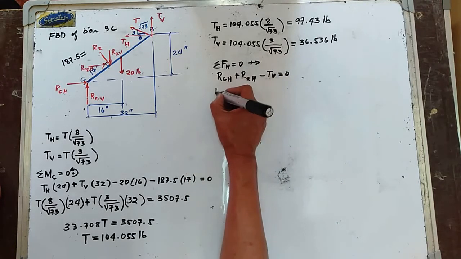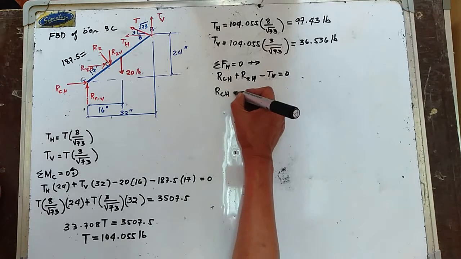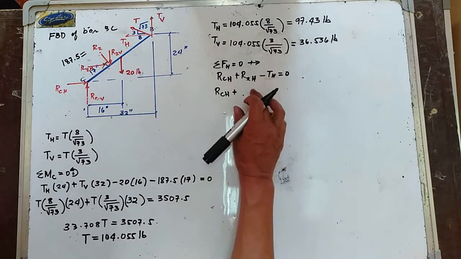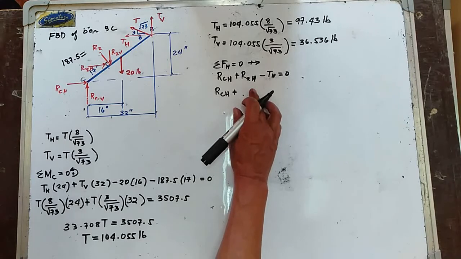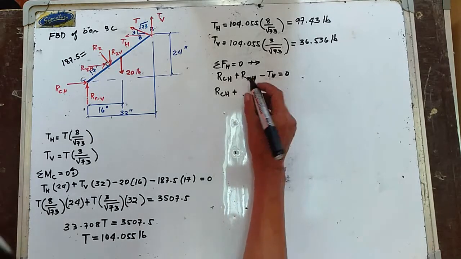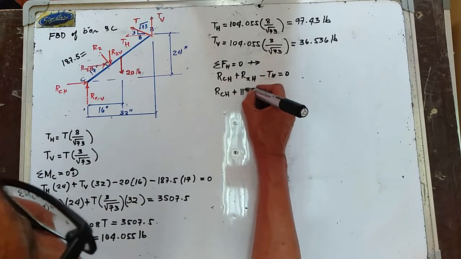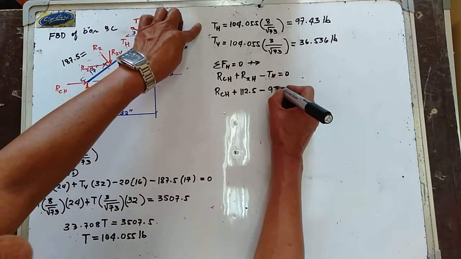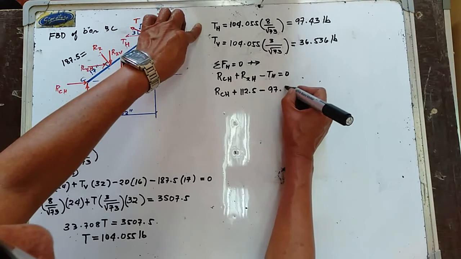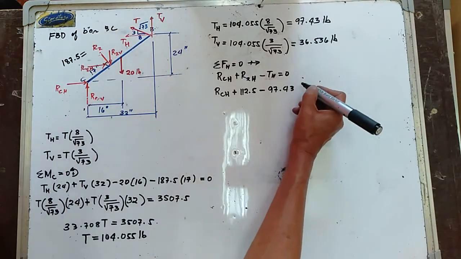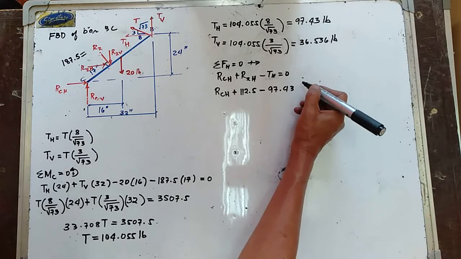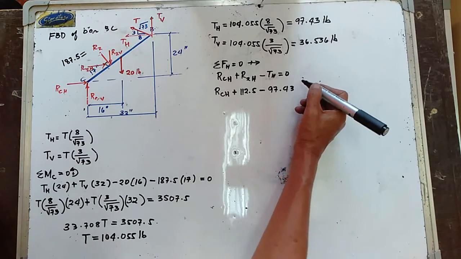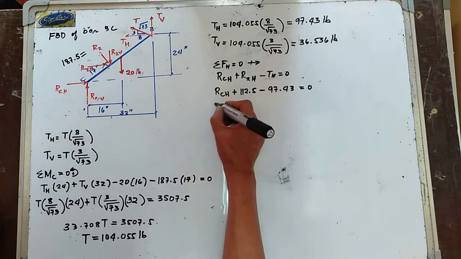So we now have your RC horizontal plus, take note that R2 horizontal was computed before, and that is equal to 112.5 pounds, minus TH, which is 97.43, and this is equal to 0.